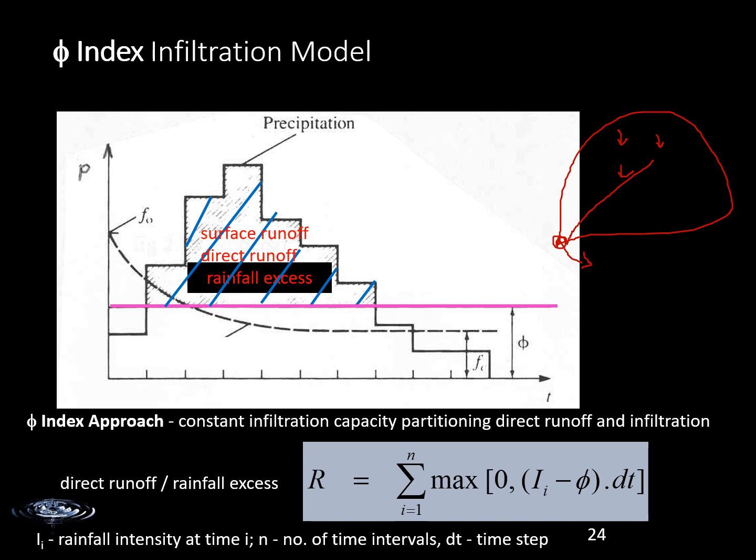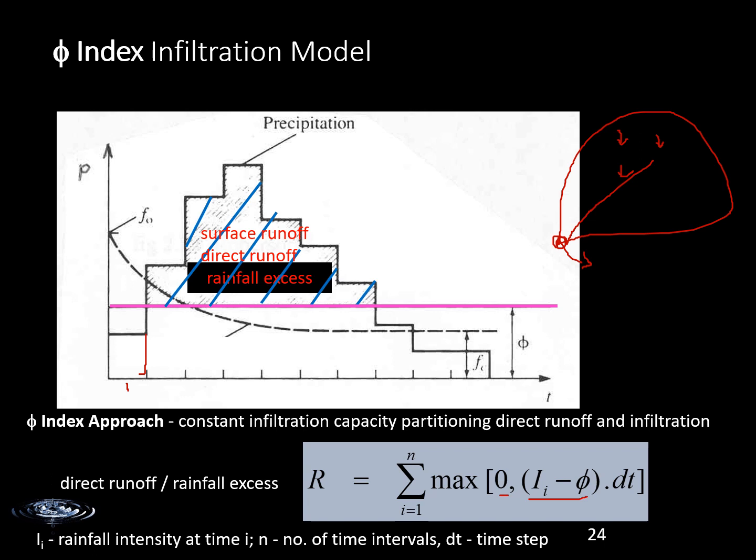That's what we assume. So at every time step, what is the runoff, r? It has to be the maximum of 0, which means there is no negative runoff, or the intensity of rainfall minus the phi index.